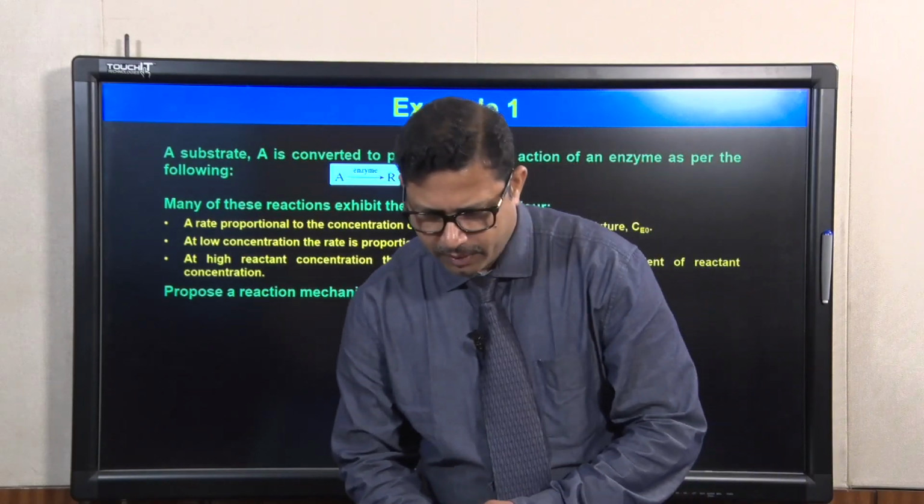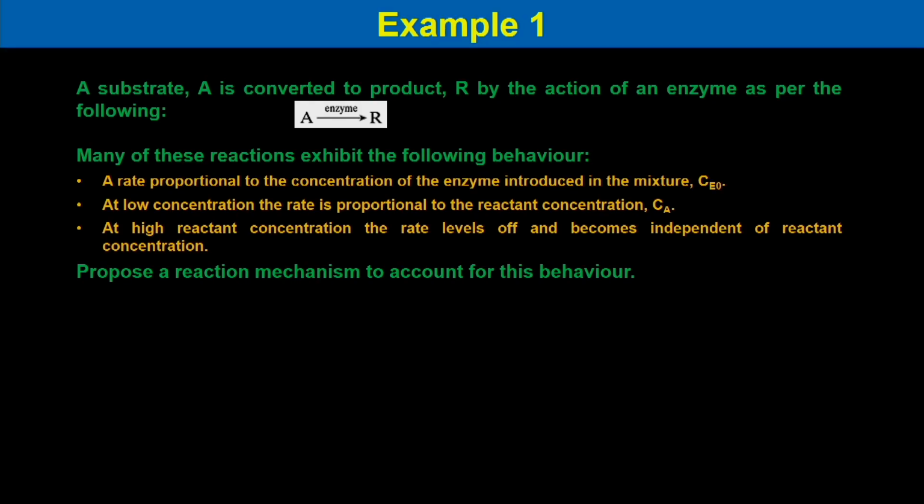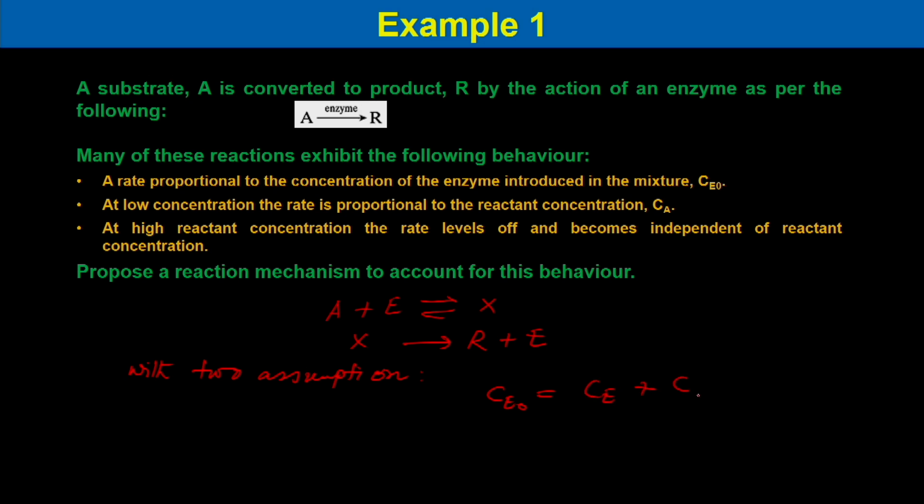So, they proposed the reaction scheme like this: A in presence of the catalyst forms the intermediate X, then X forms R plus E. With the two assumptions, we can write the concentration of E naught would be equal to the concentration of E plus the concentration of X, and d concentration of X by dt would be equal to 0.